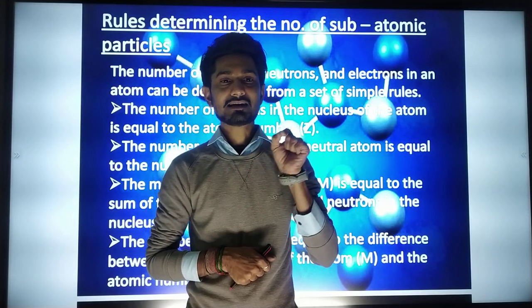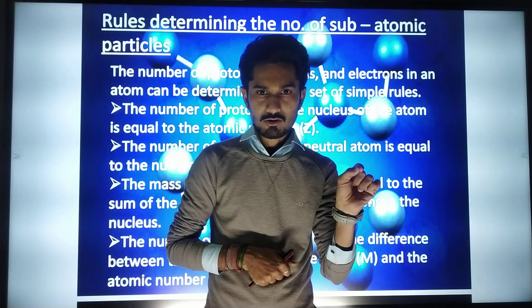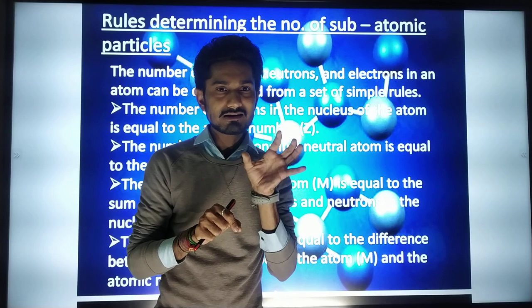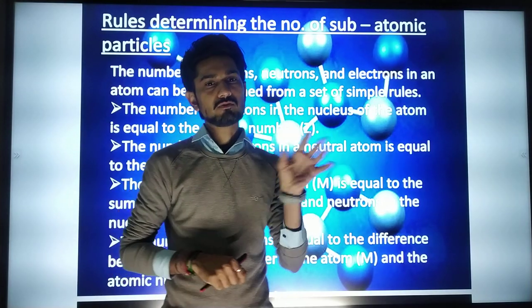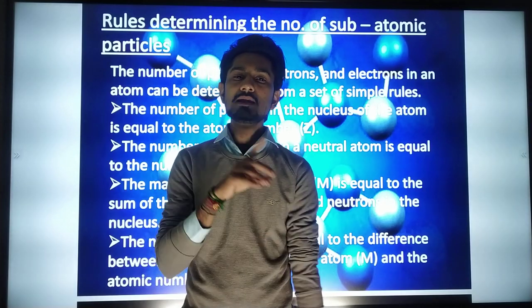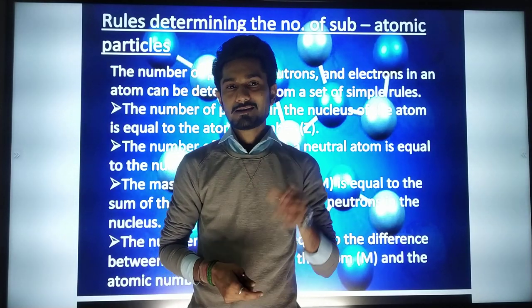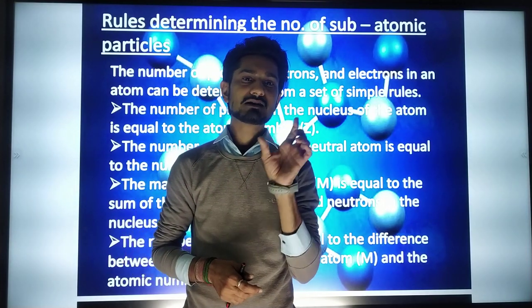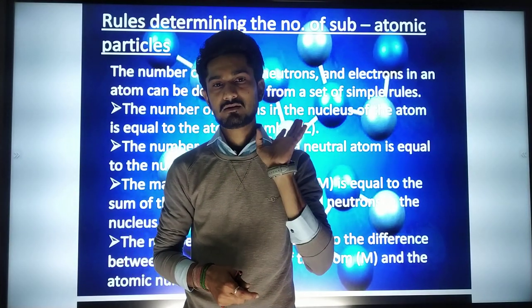The number of protons present in the element is given as its atomic number. For example, if hydrogen has 1 proton, it means hydrogen has atomic number 1.